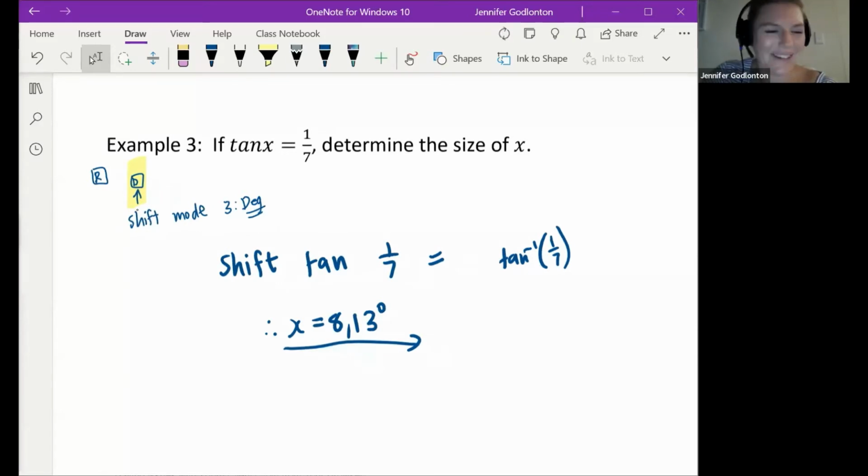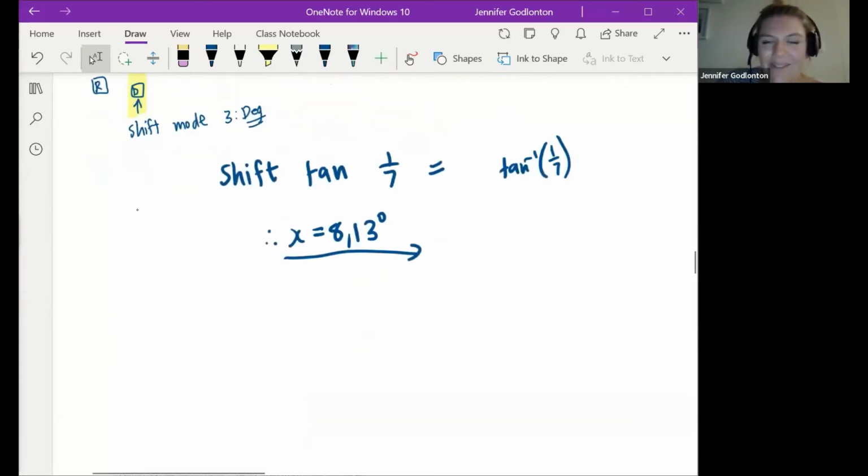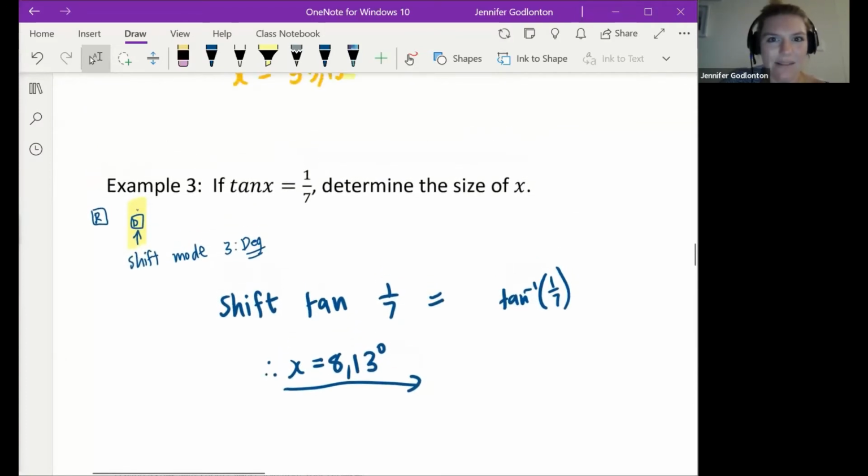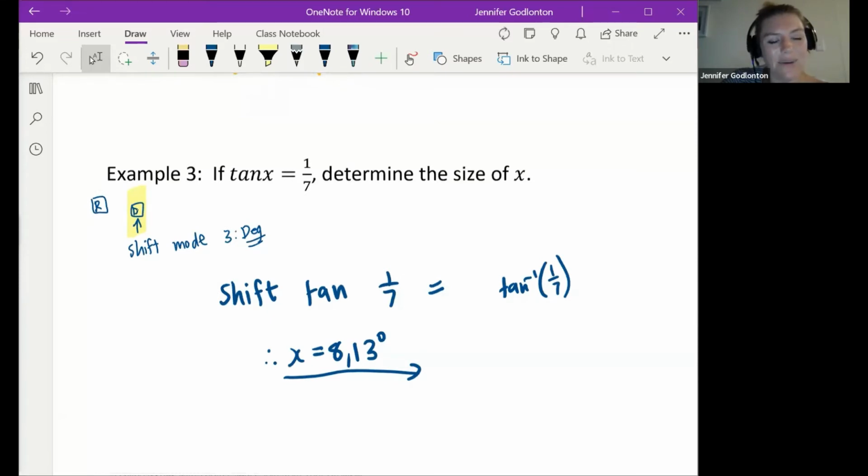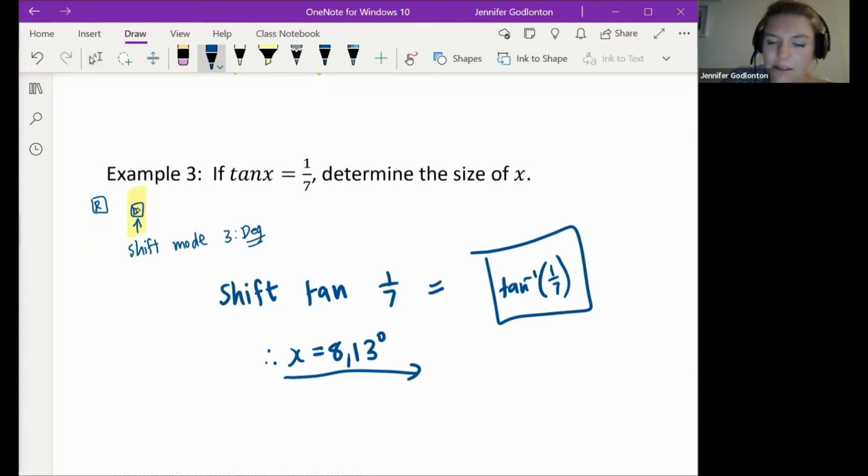Oh, good, Kayla. I'm so glad. Okay, are we feeling okay? Ma'am, I got 8,21. Does your calculator look like this, tan -1/7?